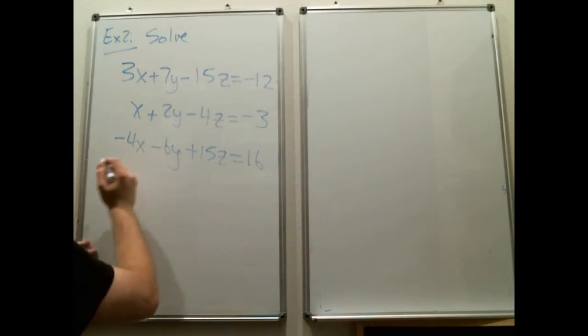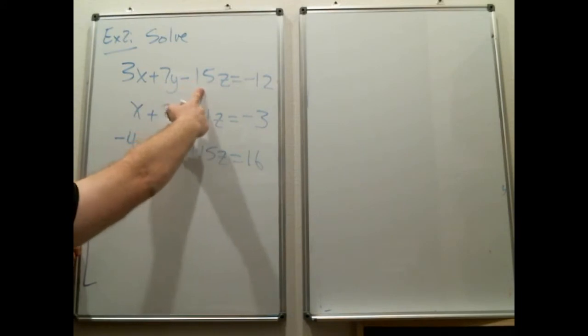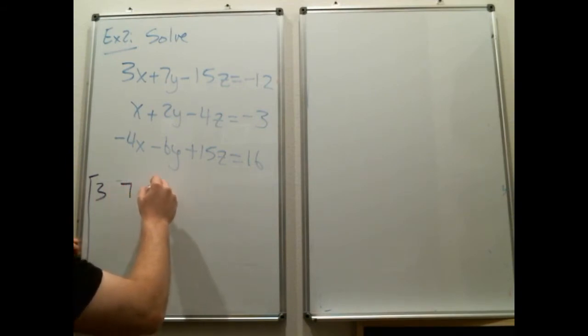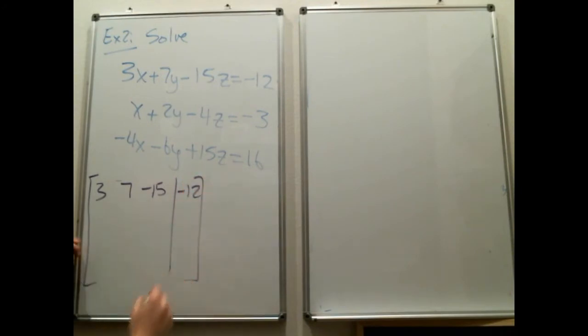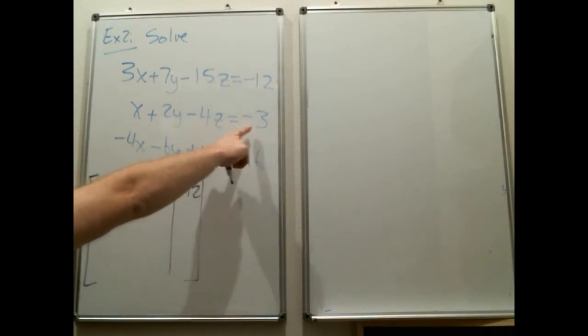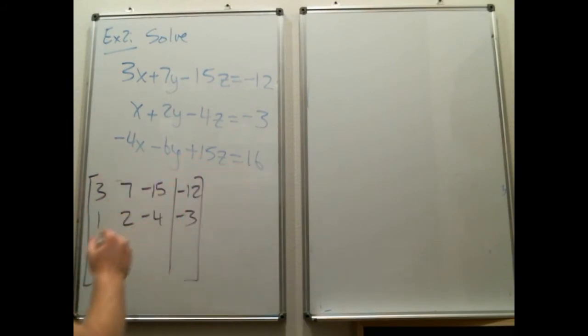Row 1 is 3, 7, negative 15, and negative 12. Row 2 is 1, 2, negative 4, negative 3. And then row 3 is negative 4, negative 6, 15, and 16.